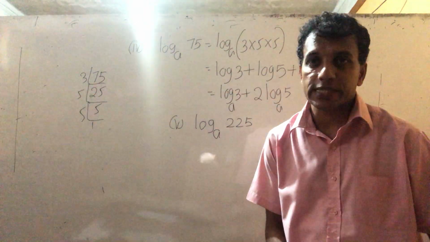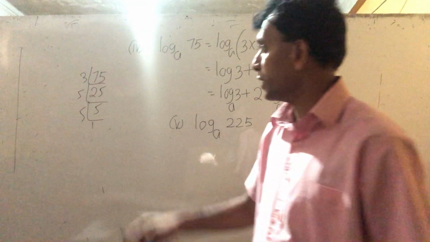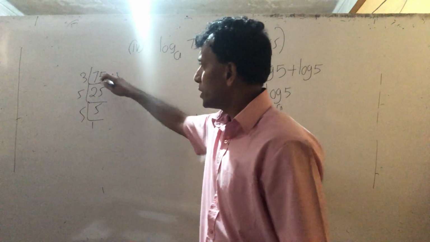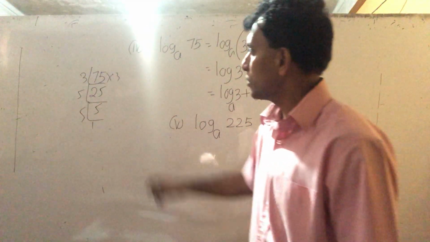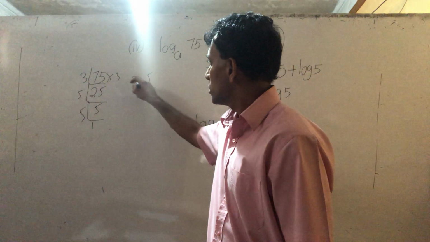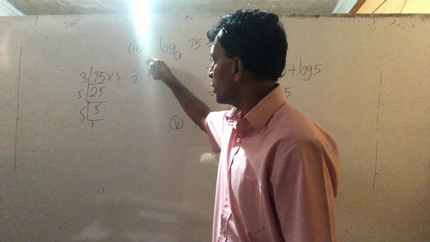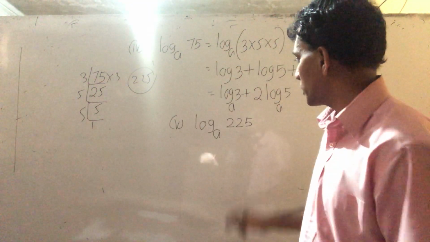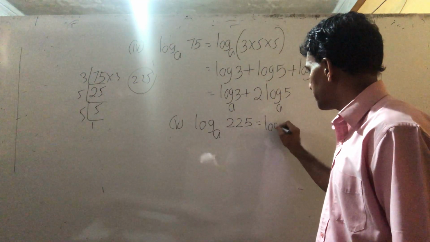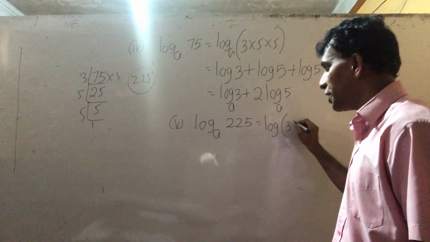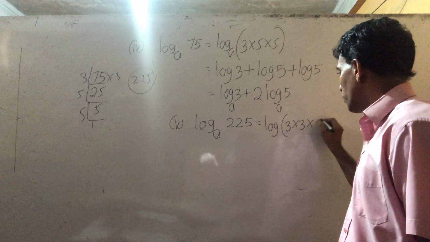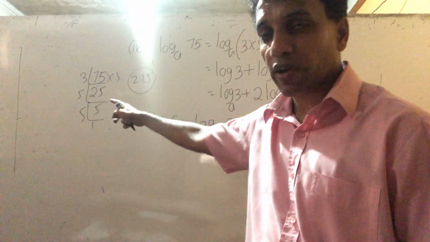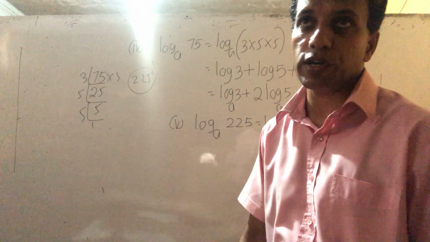Factorize by prime numbers, dividing. So 75 times what? 75 times 3, that means another 3 follows. Logarithm of 3 into 3, 5 into 5. Check the same method: 75, another 3, 225.